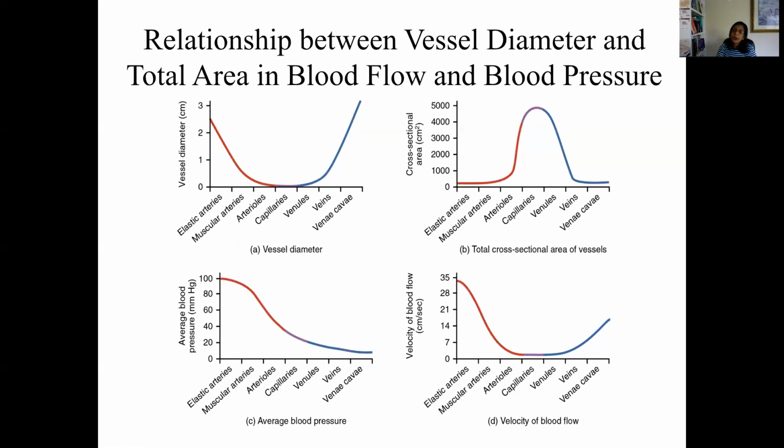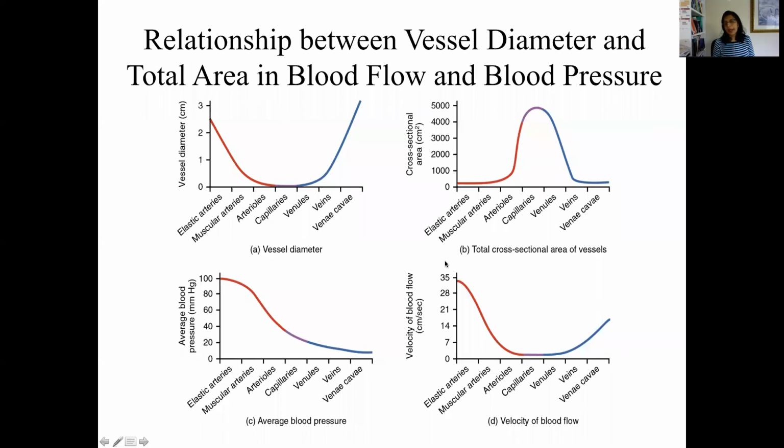And now take a look at capillaries. Blood moves the slowest in the capillaries. One other way we can relate this is: the greater the cross-sectional area, the slower the velocity of blood flow, correct? And then you're looking at venules and veins. Veins have less pressure, and therefore slower blood flow.